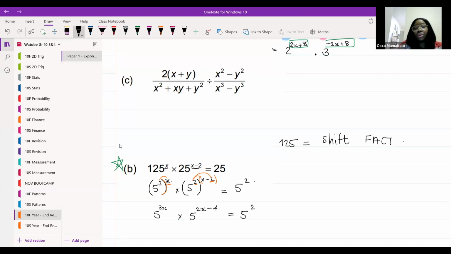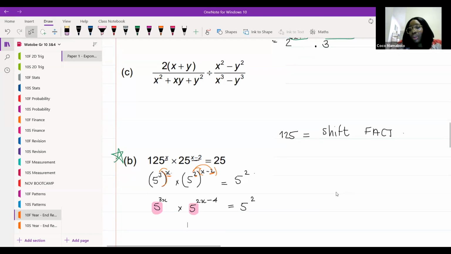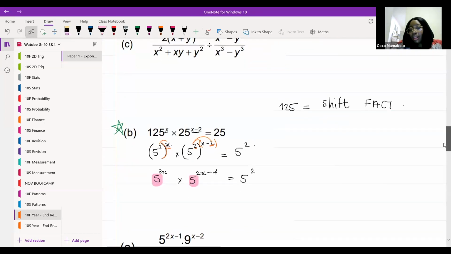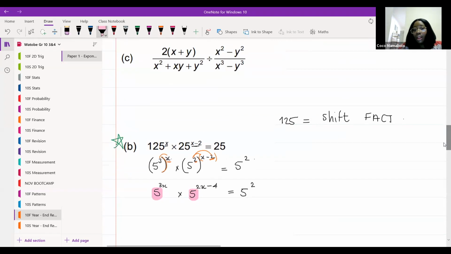Now, Refilwe, as soon as my bases look the same and we're multiplying, what do we do with the exponents? When I'm multiplying the same base, what do I do with the exponents? We add them. Correct. We're going to keep our base and we're going to add the exponents. So tell me, what is 3x plus 2x minus 4? 3x plus 2x will give us? 5x.